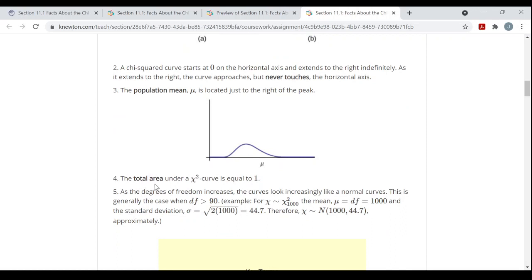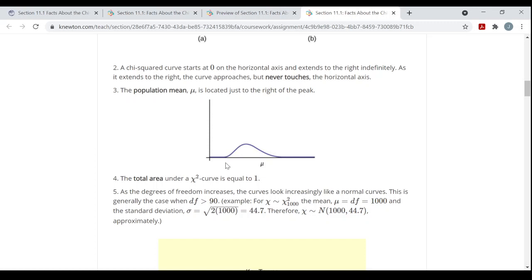And as with any other distribution, number 4, the total area under a chi-square curve is equal to 1. From 0 to infinity, the area under the curve is 1, just like for the standard normal, Student's t, or any probability distribution.